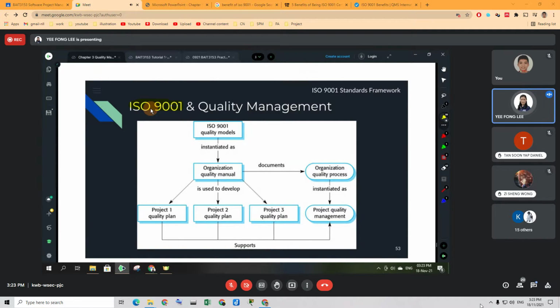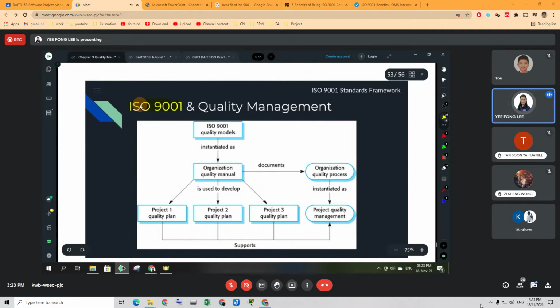Am I talking too fast? Some people mistakenly think that a company with ISO 9001 can produce good quality software compared to a company without these certifications.